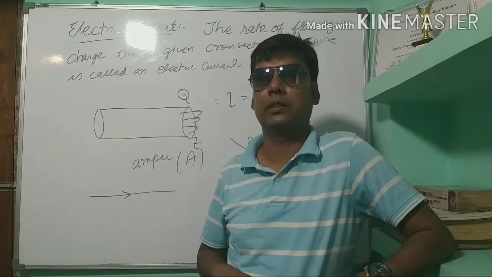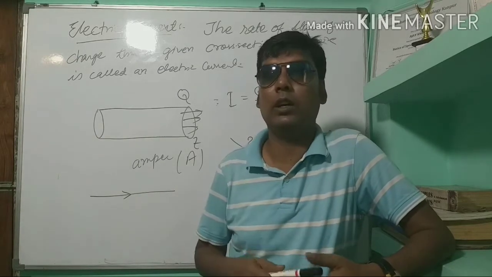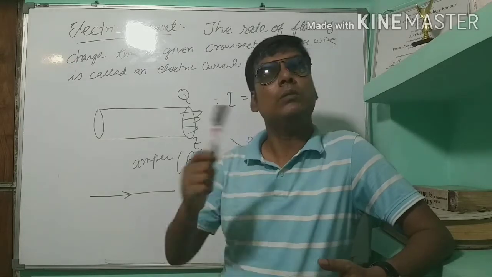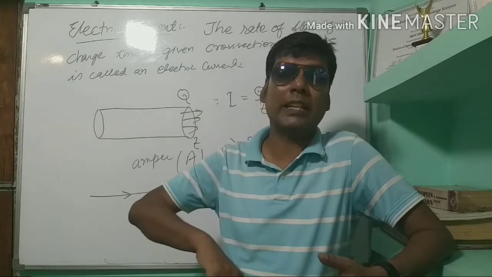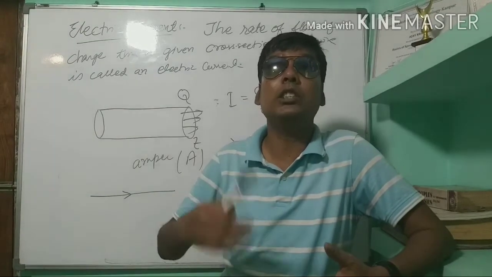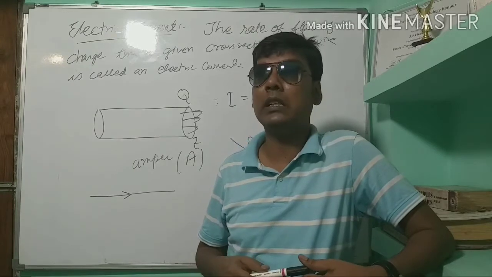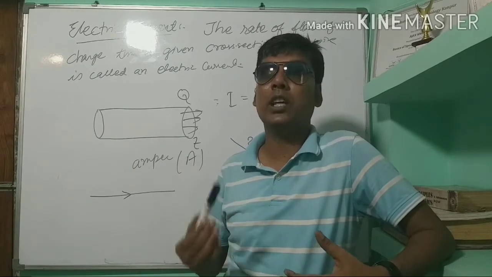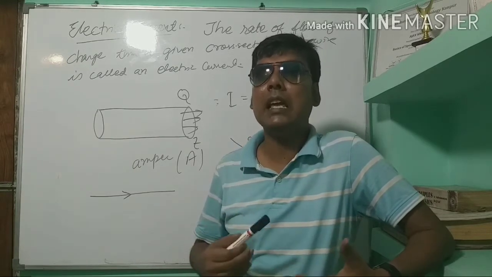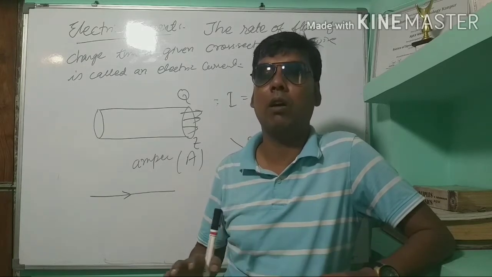conventional current. The actual flow of electrons is, however, from negative terminal to positive terminal of a cell, which is opposite to the direction of conventional current. Unfortunately, when the electron was discovered, people suddenly realized that the earlier arbitrary choice had been wrong.